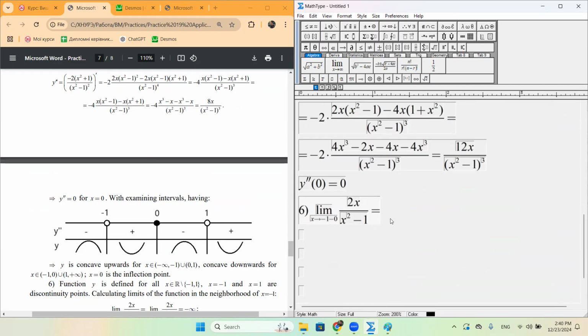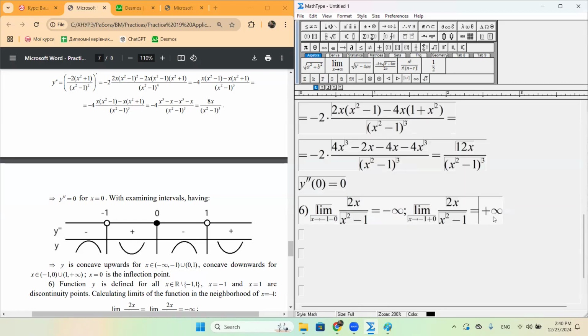So it equals -1 here, and -1 -0 equals -infinity. And what about +0? It will be equal plus infinity.